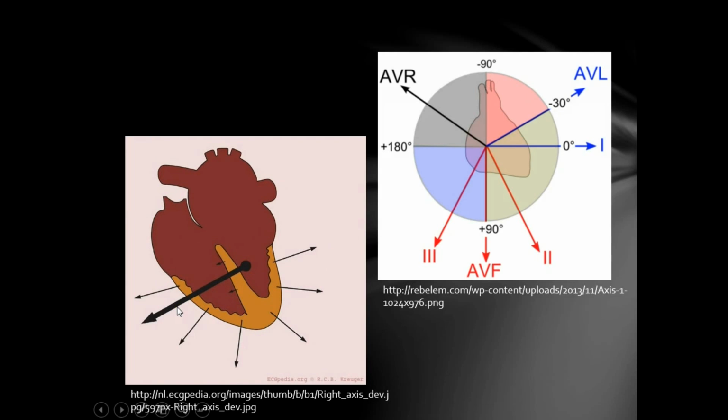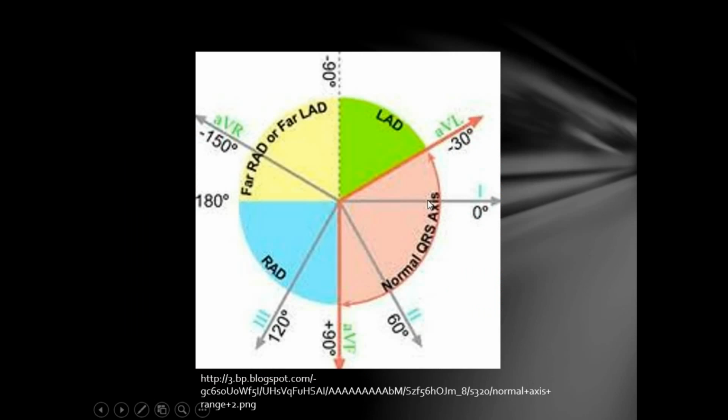And the right axis deviation is anywhere between positive 90 degrees to positive 180 degrees. So you can see here it's about 135 degrees. So here again, to summarize, we have the normal cardiac axis anywhere between minus 30 degrees and positive 90 degrees.